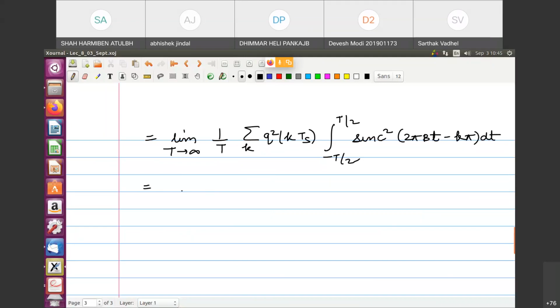So finally we will get the limit T tending to infinity of 1 upon T, summation of q square of kTs.